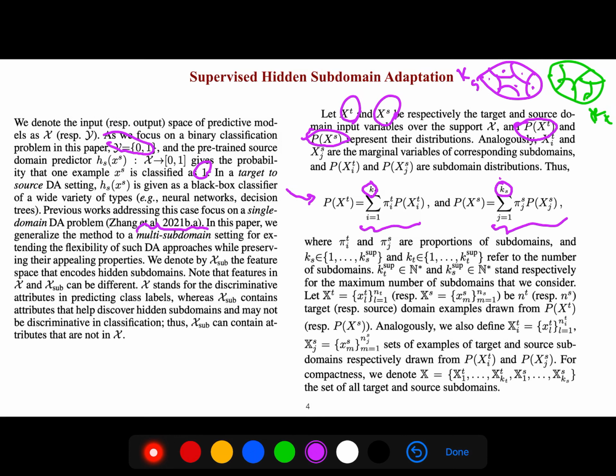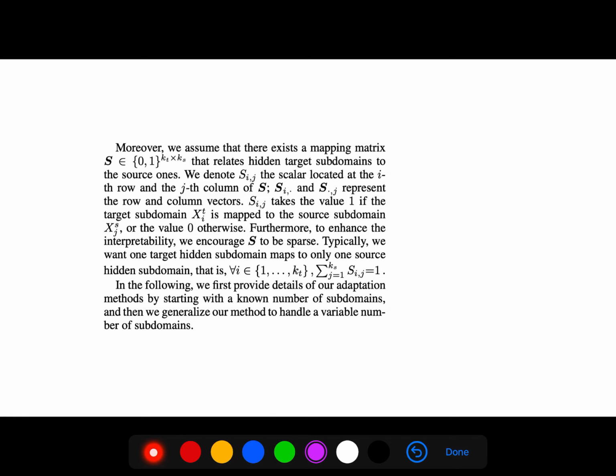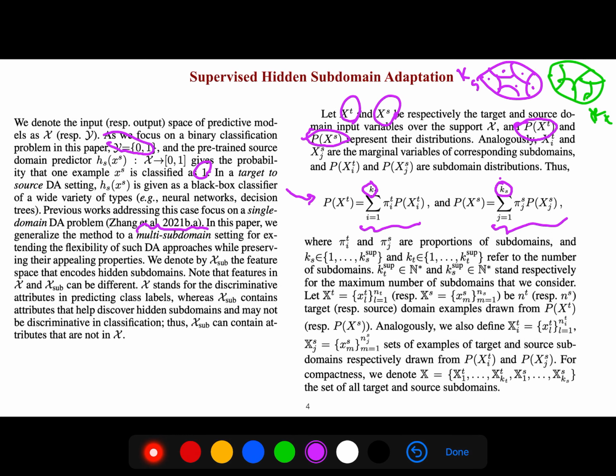So we define a set of examples of target and source domain respectively. We assume there exists a mapping matrix S that relates hidden target subdomains to the source ones. So there is a map that maps, for example, this one to this one, and this one to this one. So there is just a map from target to source.